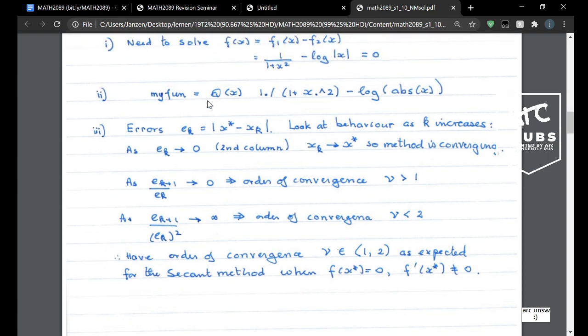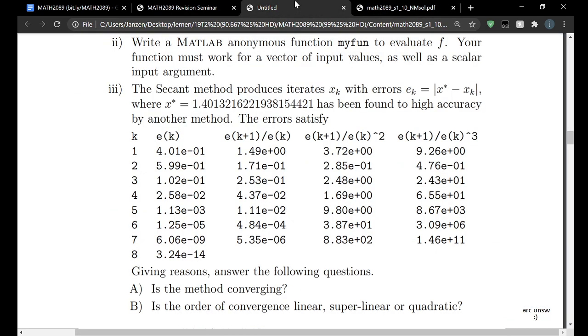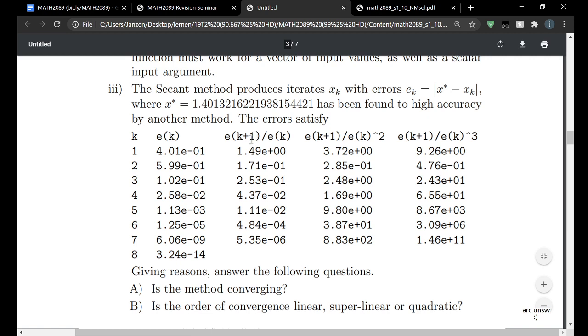Okay, so for the first part of the question, the error is equal to this, and basically we're just looking at the way the errors change. So e_{k+1} on e_k.